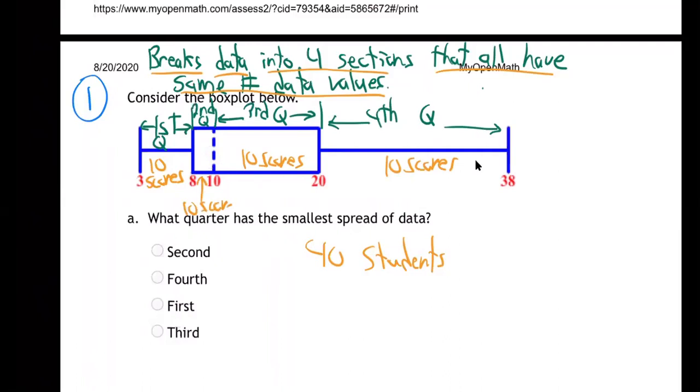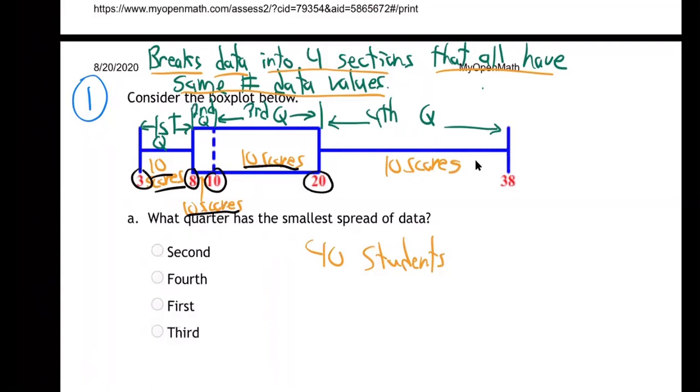Is that making sense? So that would mean the 40 students in my class who took this quiz, 10 of them got a score between 3 and 8. They didn't do so well on the quiz. Another 10 students, so that's the lowest 10, the bottom 10. There's another 10 students who got a score between 8 and 10. They didn't do so well either. And then there's another 10 students who got a score between 10 and 20.